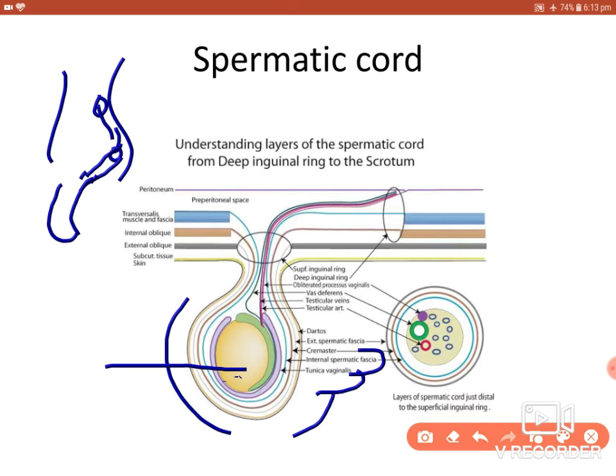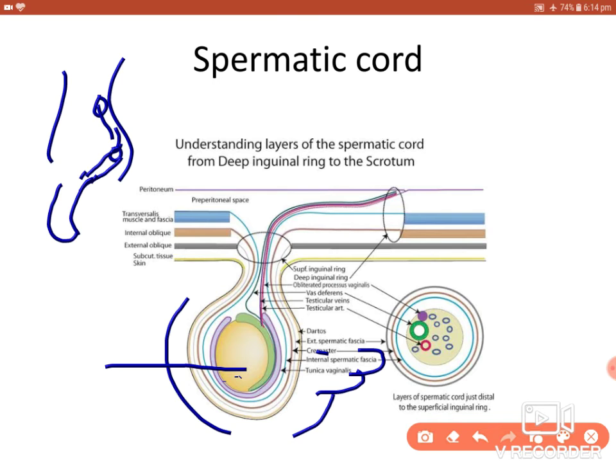Then outer to the tunica vaginalis we get the internal spermatic fascia. This internal spermatic fascia is derived from the fascia transversalis. Then outer to that we get the cremaster muscle and fascia. This cremaster muscle and fascia is derived from the internal oblique and transverse abdominis muscle.